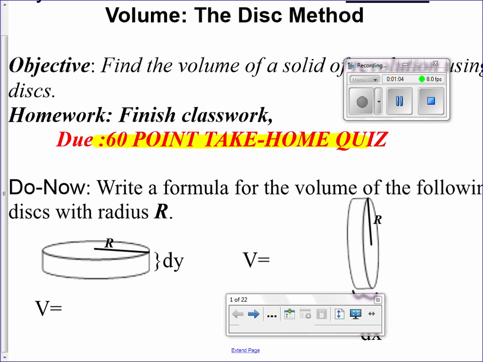Any prism is going to be like that. Well, what's the area of the base? Pi r squared. And what is the height, the way I've labeled it? dy. So the volume of a cylinder with a height of just a small change in y would be pi r squared dy.